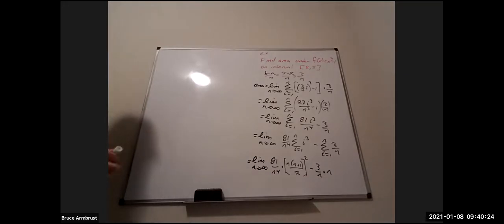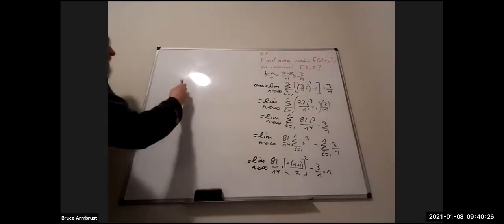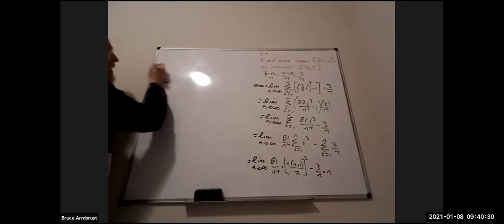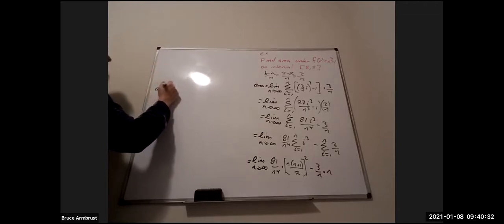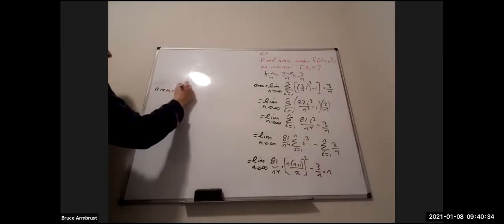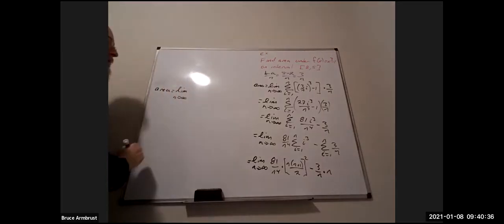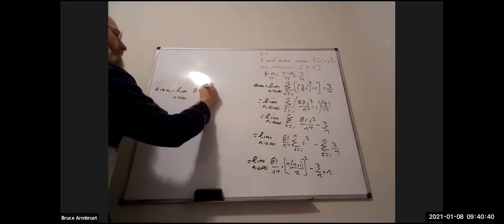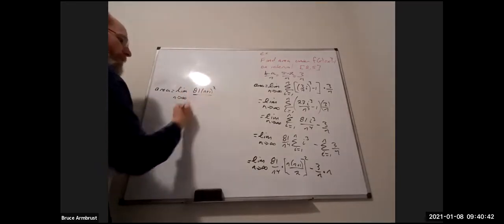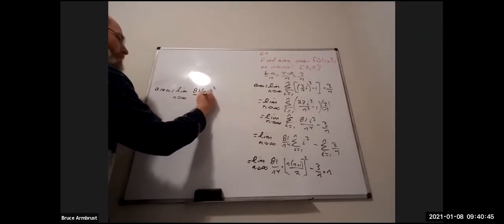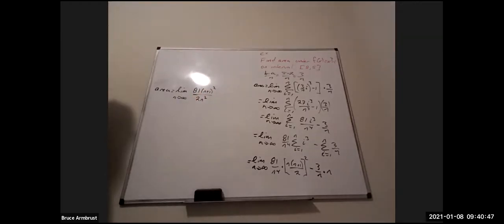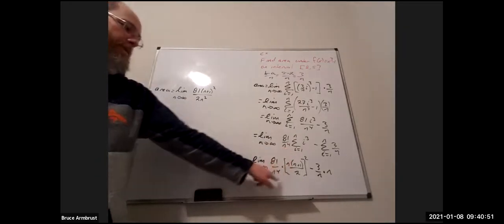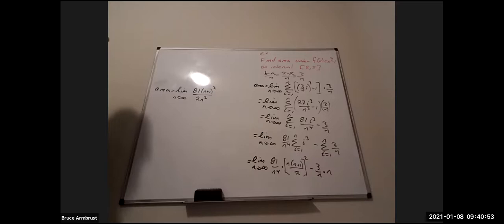All right, so let's simplify this a little bit before we take the limit. So we've got our area, the limit as n goes to infinity of, we're going to get 81 times n plus 1 squared over 2n squared. I get an n squared on top, that cancels with my n to the 4th on the bottom.